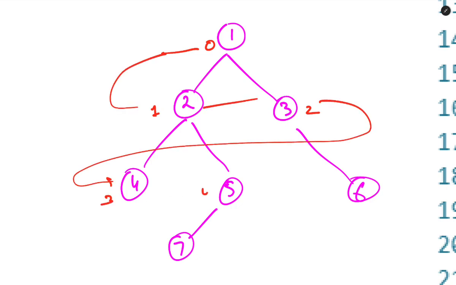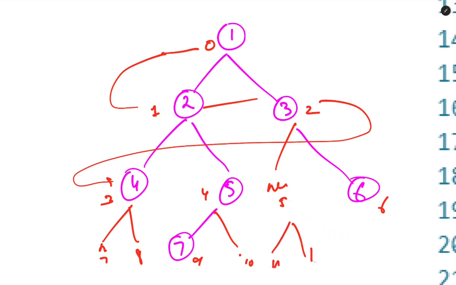This will be 3, this will be 4, the null will be 5, this will be 6, this will be 7 if something is present, then 8, 9, 10, and 11, 12, 13, 14.